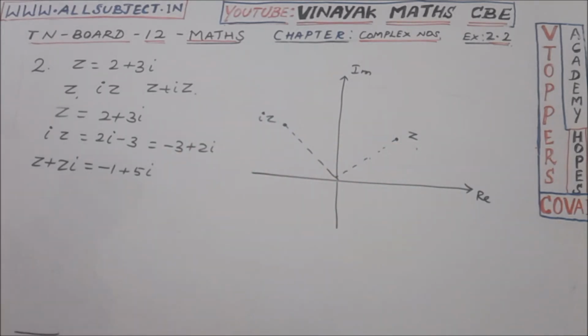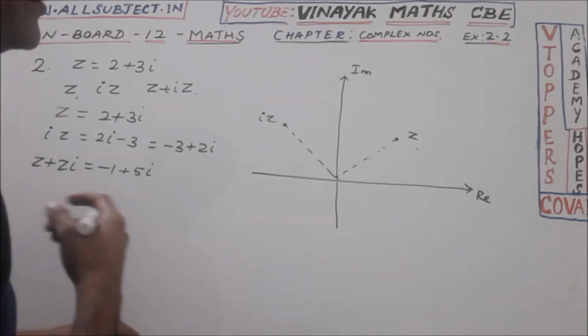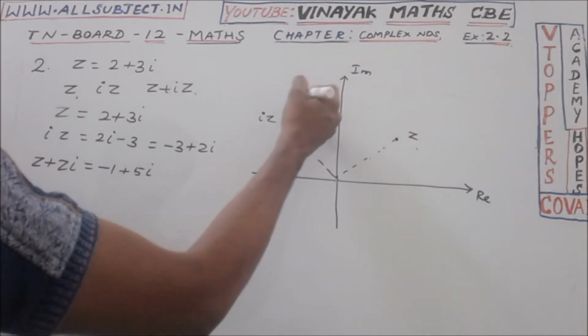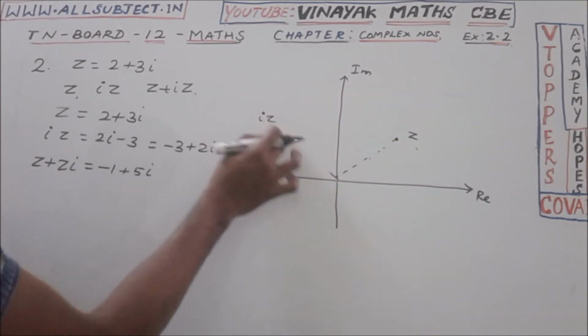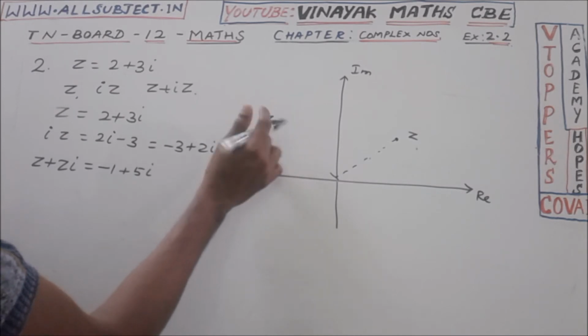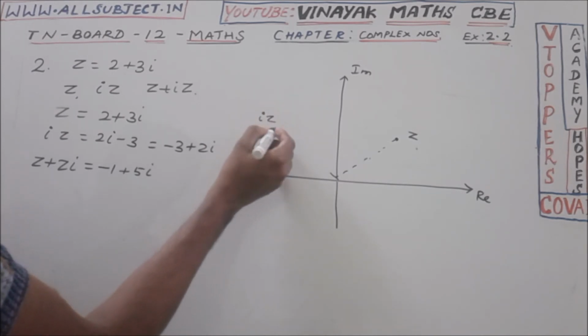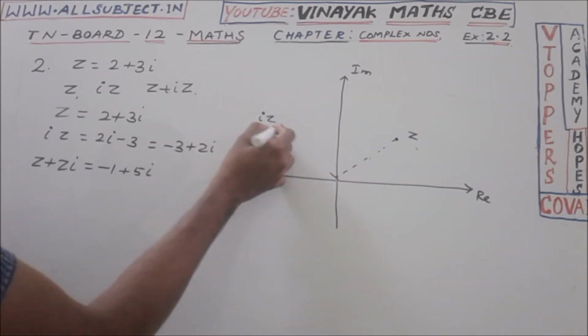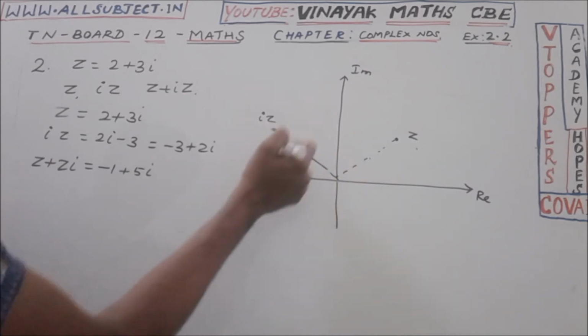Now z plus iz. I told you that the sum of two complex numbers represents the fourth vertex of a parallelogram joining with the origin. And z, iz. Now z is here, iz is here. We can move it somewhere here, keep it as iz here, the 90 degree rotation.